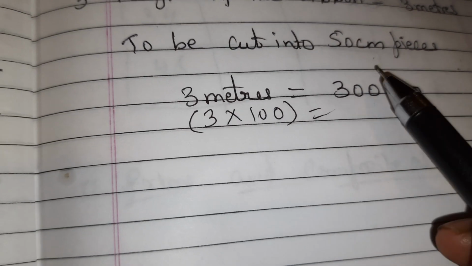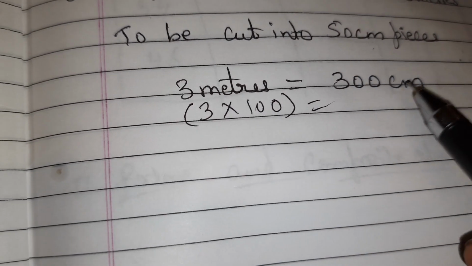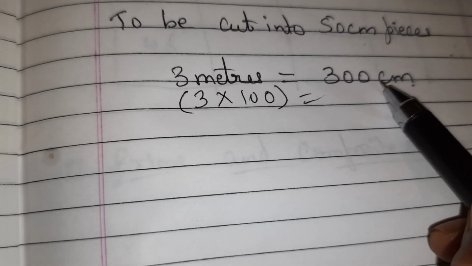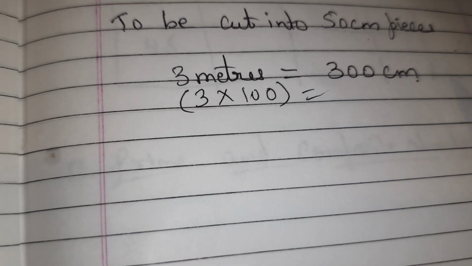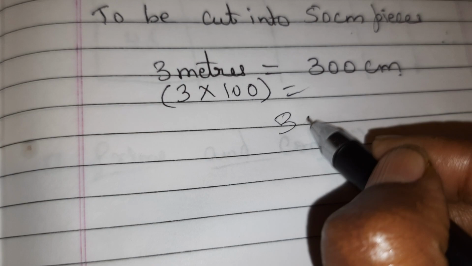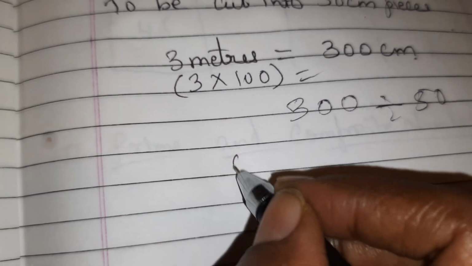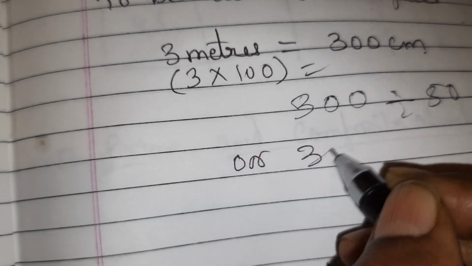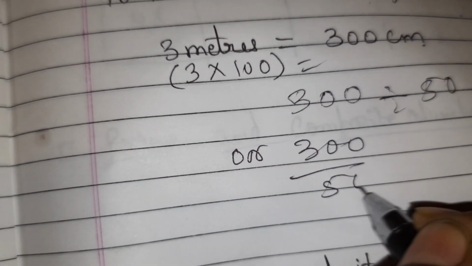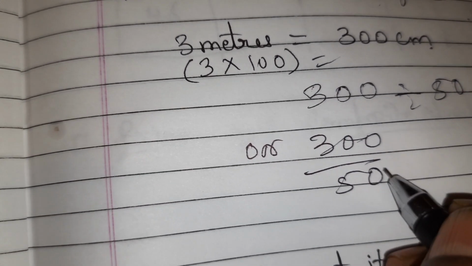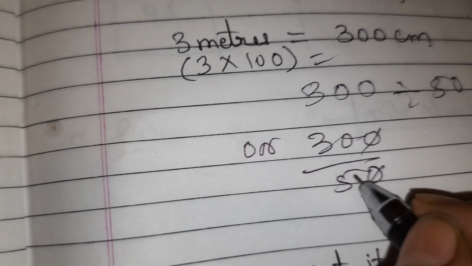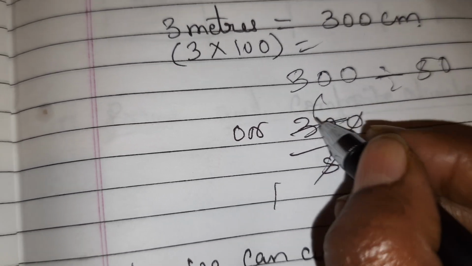Now we have to check whether 50 centimeter pieces can be cut out of this. So simple, cut means what? Divide. So divide 300 divided by 50, or 300 upon 50. Correct? Whichever way you want to divide. 0, 0 cancel. 5 ones are 5, 5 6s are 30.